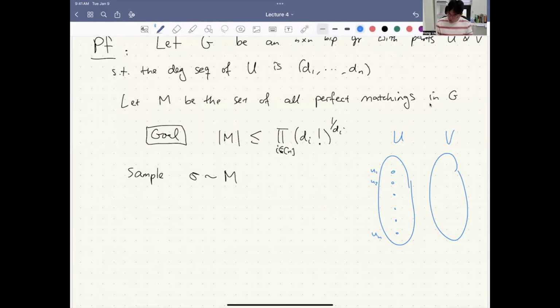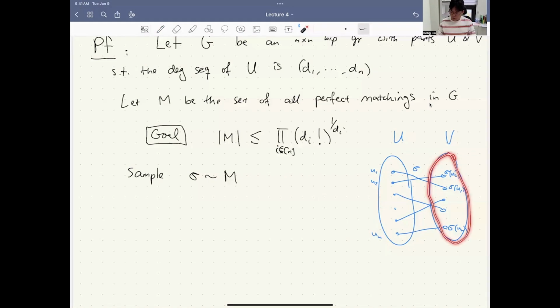And the perfect matching, if this is our sigma perfect matching, we can call these sigma(u1), sigma(u2), sigma(un). It corresponds exactly to a permutation: i sends to sigma(u_i), the index of this vertex. So think of this as a random permutation of the right-hand side.